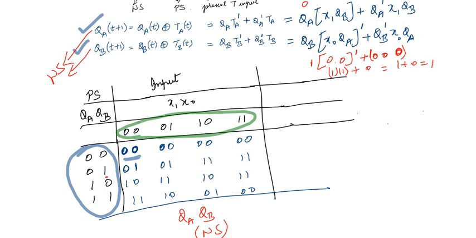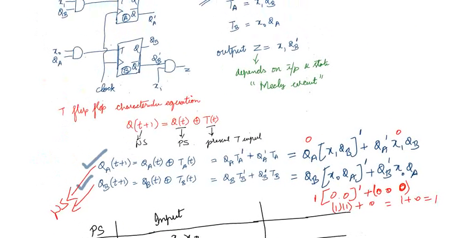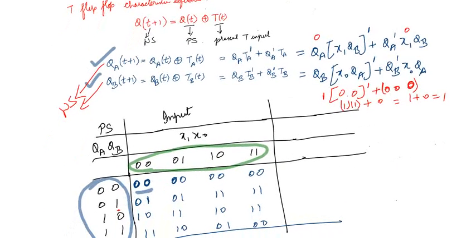Now similarly we will fill it for the outputs. What is the output expression? You can see clearly the output expression is z is equal to x1 qb dash. So it is a function of input again.